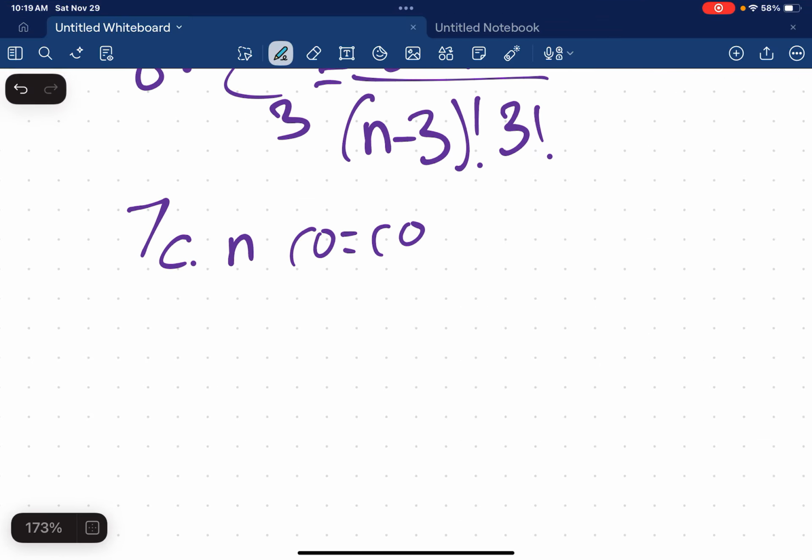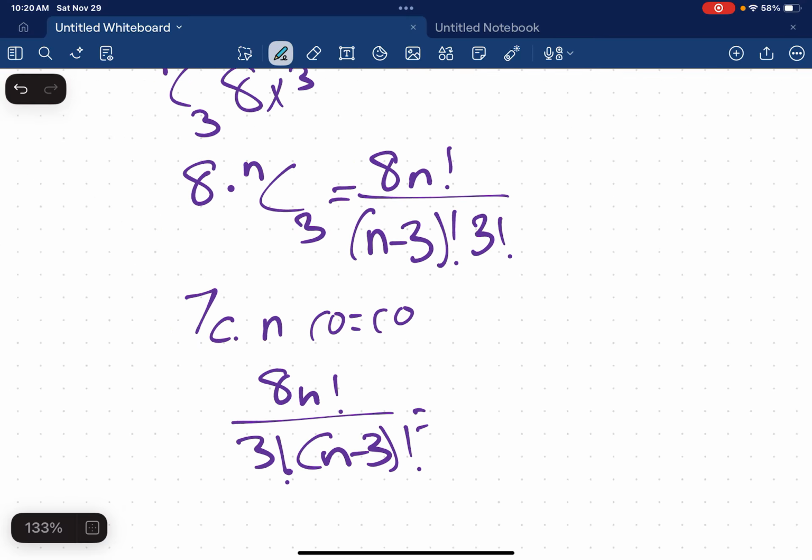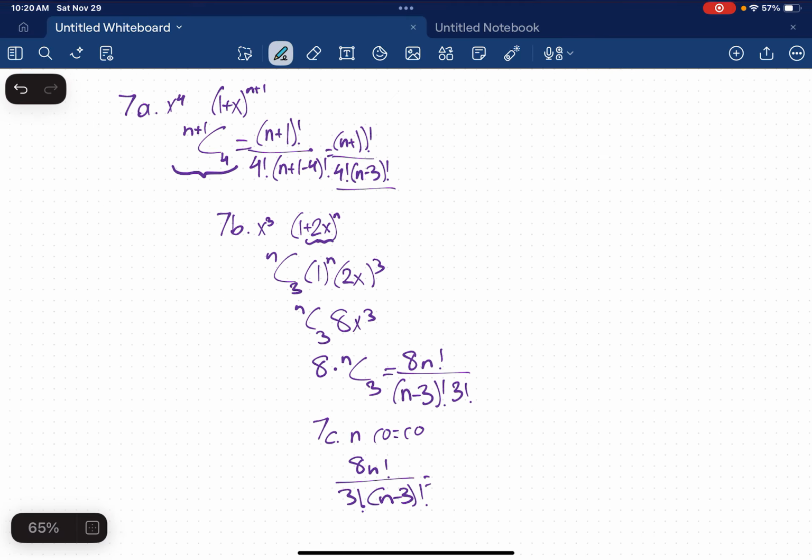In that case, we're just going to have to set the two equations equal to each other. So we'll have 8n factorial divided by 3 factorial, n minus 3 factorial is equal to, what did we have earlier?